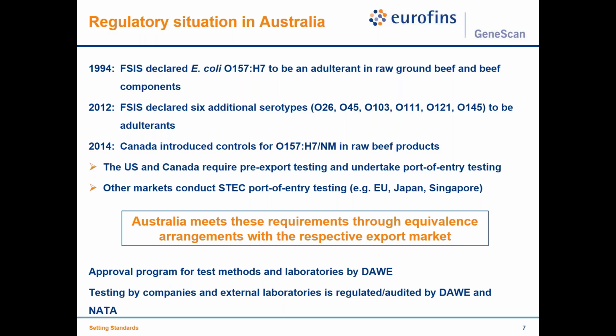The FSIS declared also 6 other serotypes as adulterants, and we will look into a little bit more detail on the next slide on how this is currently stated. Another market would be Canada, where they also have controls for the O157, and I think probably the key factor for the US and the Canadian market is that they require pre-export testing. So basically testing before exporting, and then have in addition the port of entry controls.